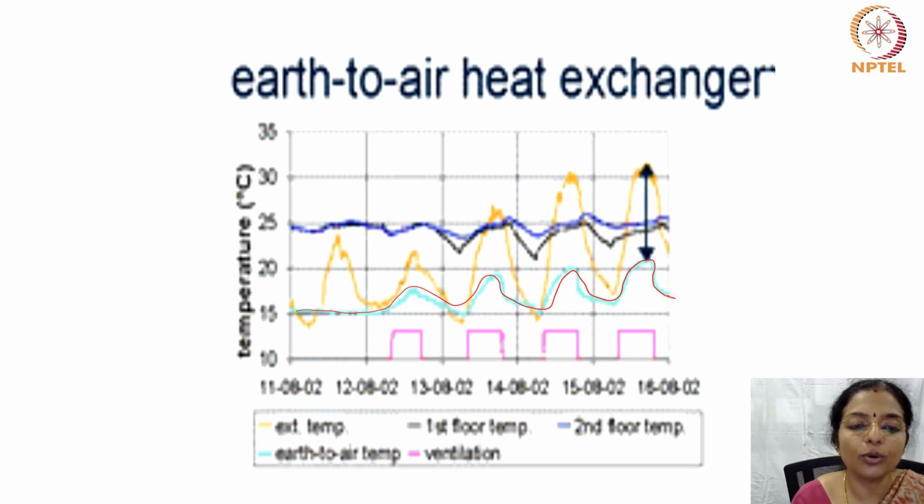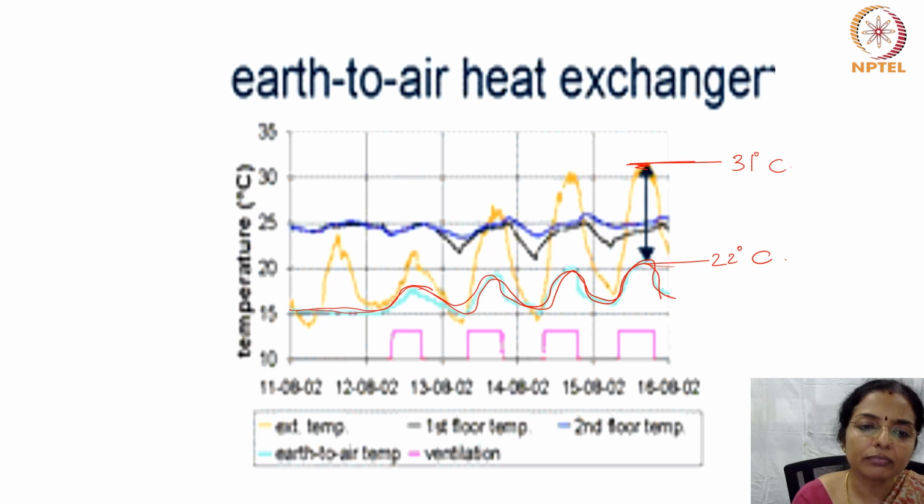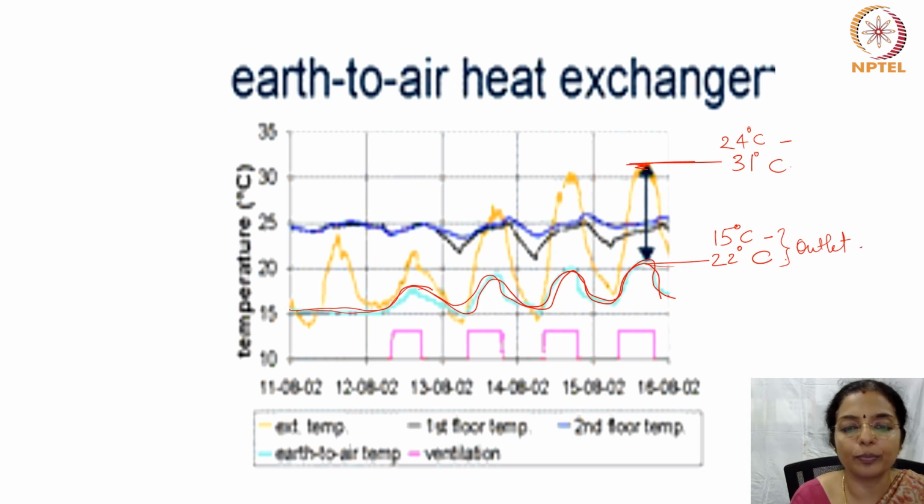You can see how the temperature of the earth-air tunnel air never exceeds 22 degrees centigrade, even though the external temperature is anywhere between 24 degrees centigrade and 31 degrees centigrade, and the earth air tunnel temperature is anywhere between 15 degrees centigrade and 22 degrees centigrade. This is the outlet temperature, because the temperature of the soil is going to be constant.